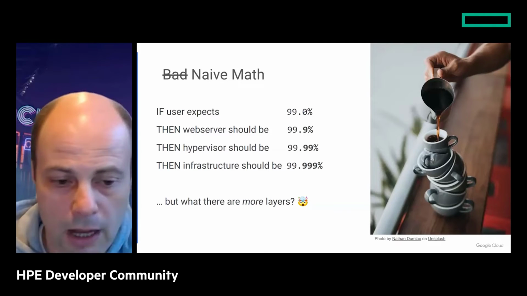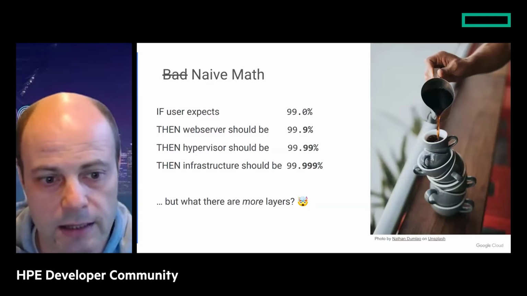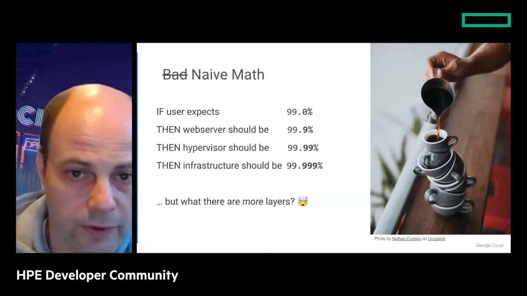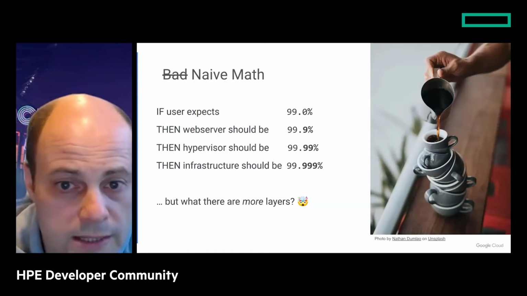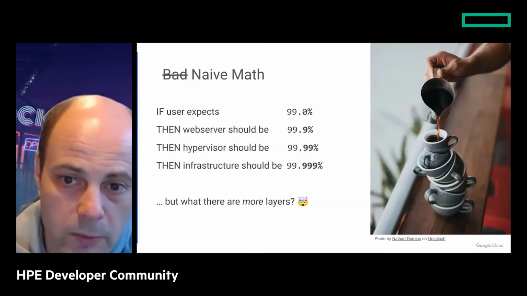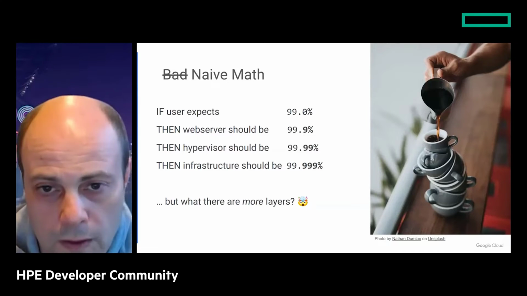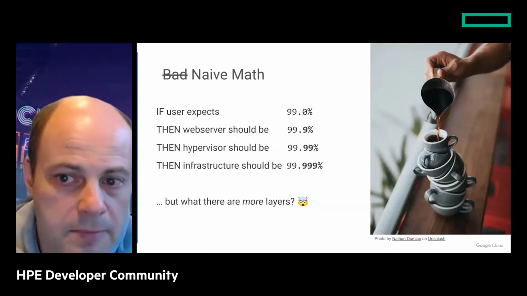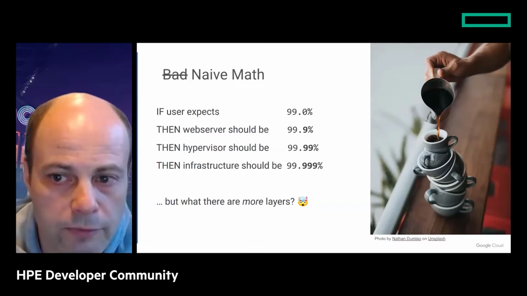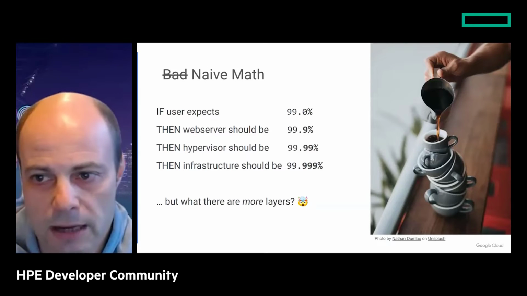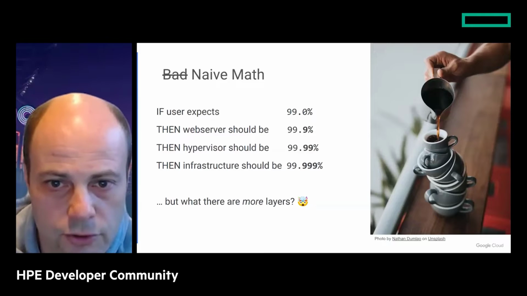If we depend on other components like a database, it will have to have 3 or maybe even 4 nines SLO as well. Now, our web server runs on a hypervisor, right? Today, we almost don't run on bare metal. So the hypervisor will have to have 4 nines. The hypervisor is running on some infrastructure.